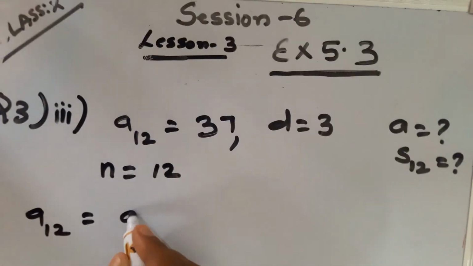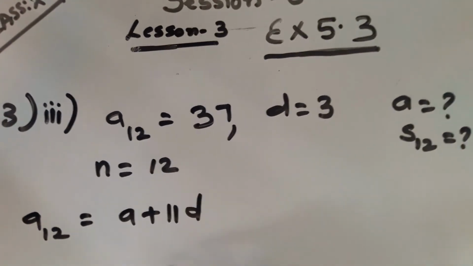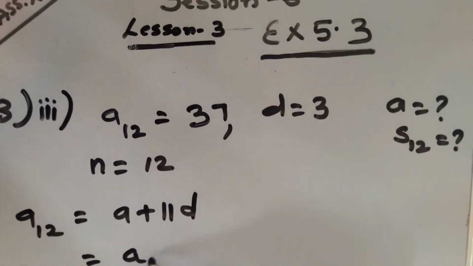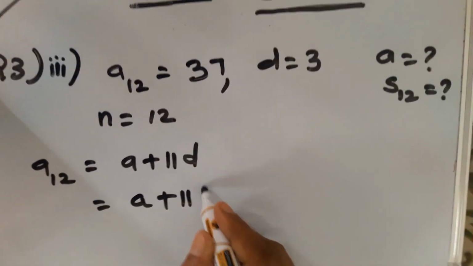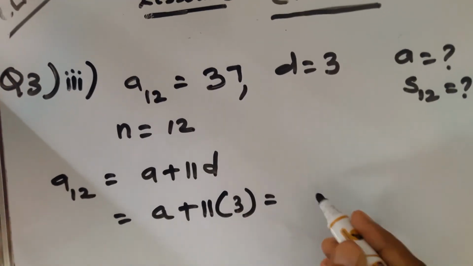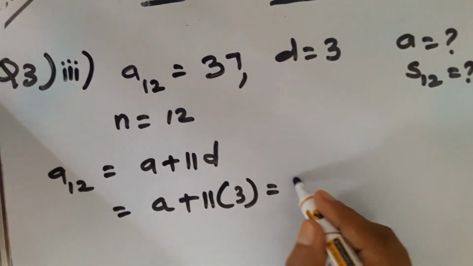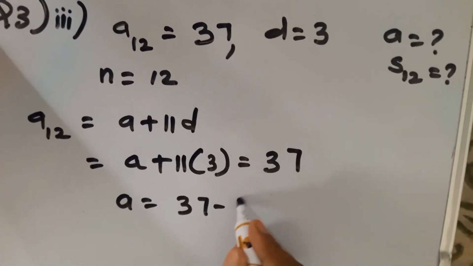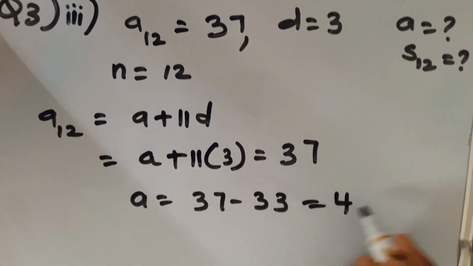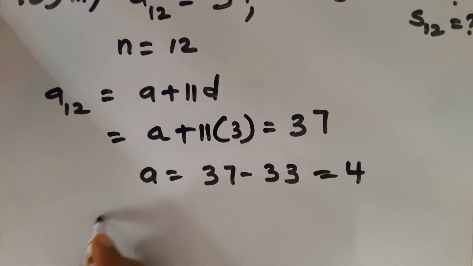A12 will be equal to A plus 11D. Now what is A plus 11D? A is not given, so we will use 11, and D is 3. So this will be equal to, A12 is given as 37. So A will be equal to 37 minus 33, that is 4. So you got A. Next we have to find out Sn.